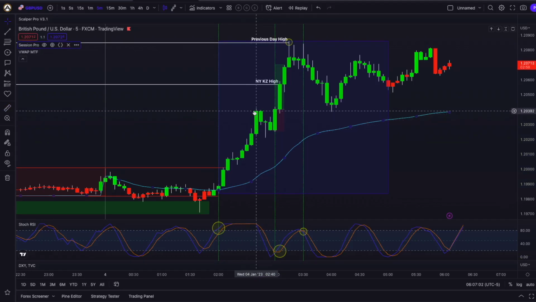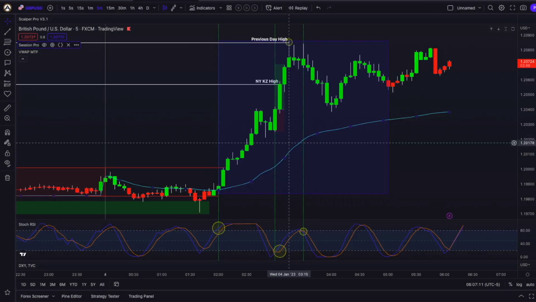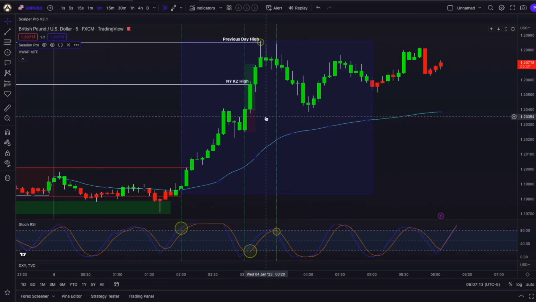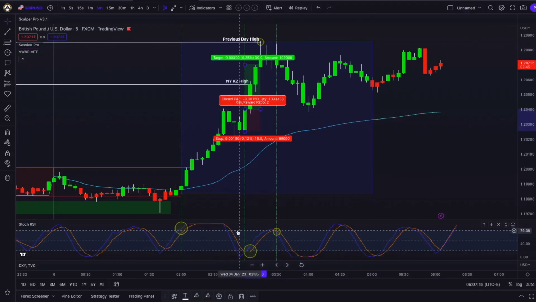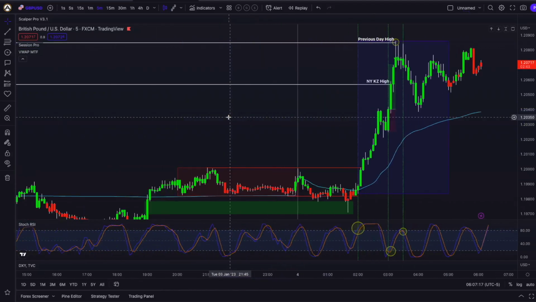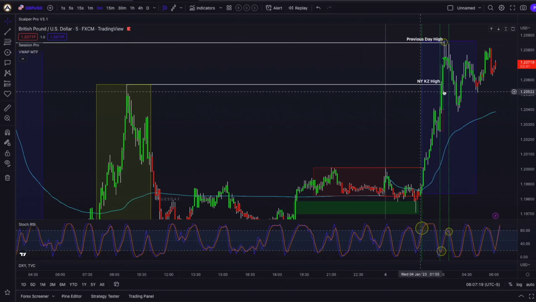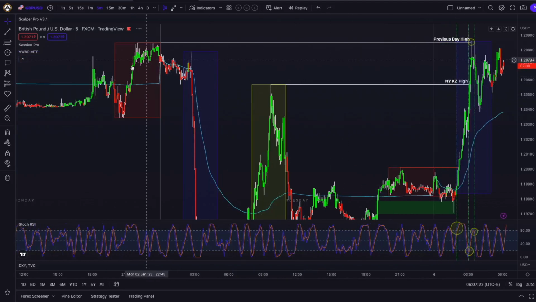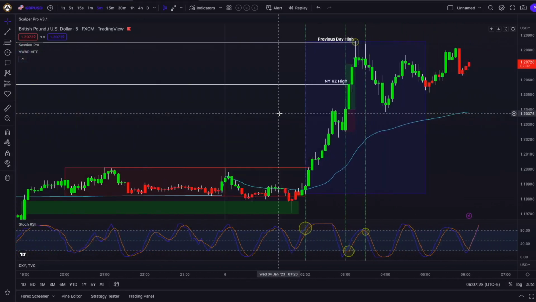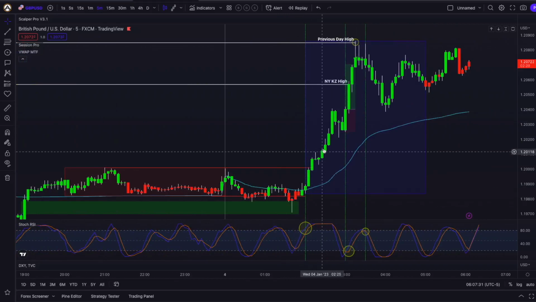We did not pull back by much, to be really honest, but we opened up here at 3 AM, which is the London stock market opening. We crossed over bullish, so I decided to take an entry this time on the British pound US dollar, because I was anticipating that this high, the New York kill zone high, and our previous day high that was formed during the Asian kill zone, is likely to be taken out if the market already moved 50 pips in that direction, pulling back.